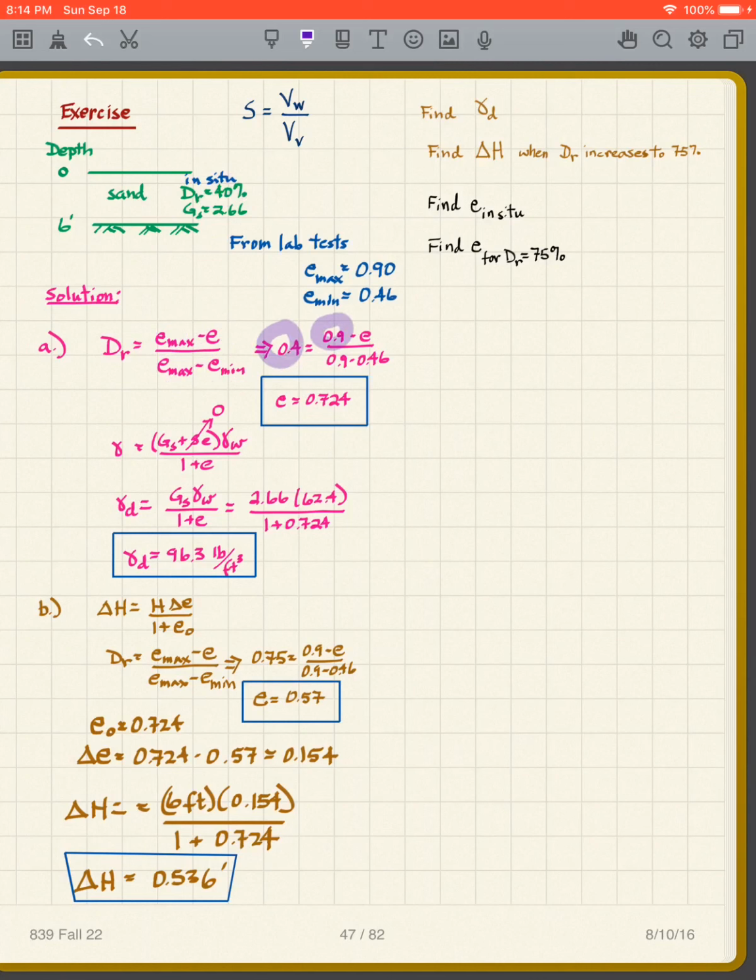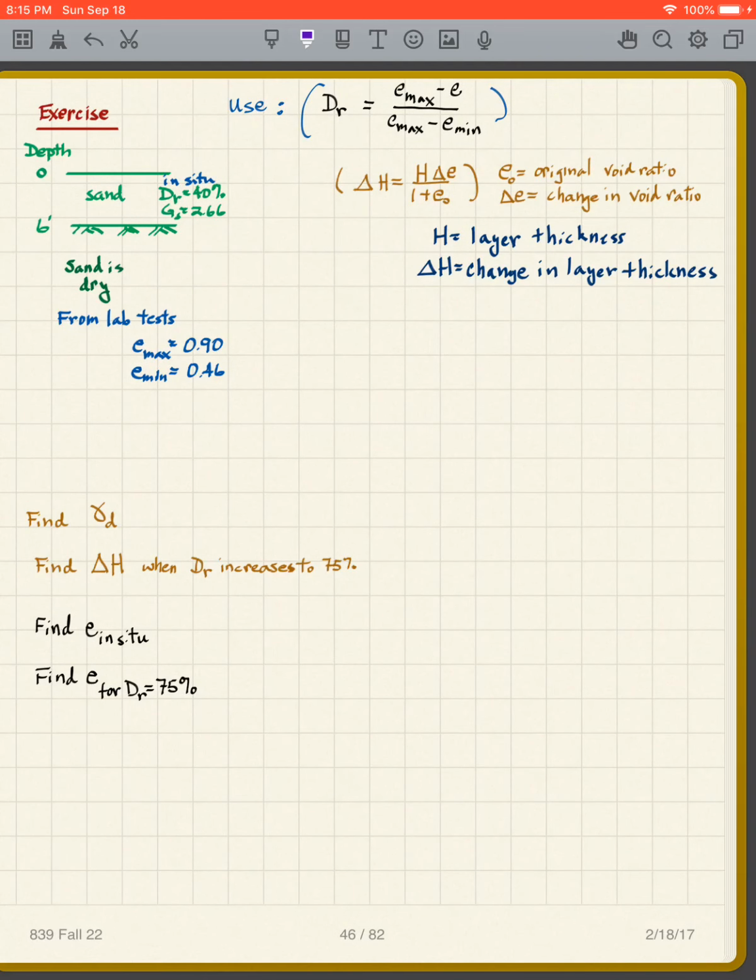I put in my E max and my E min, and I solve for E. I get 0.724. Then, okay, maybe I didn't say this, the sand is dry here. Yeah, sand is dry. I didn't mention that.